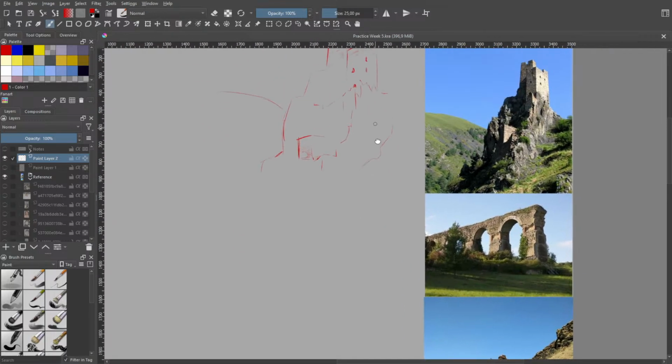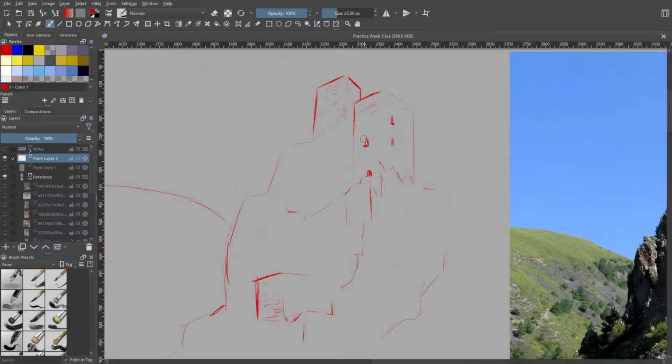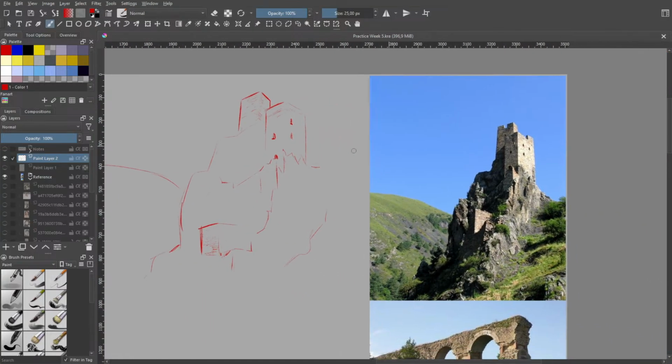Certainly, I kind of want to draw some architecture, but I have no idea how to even approach this, you know? The only thing I can do is break down the shapes here as I did yesterday, right? So being like, okay, simplified shapes, which is not really that difficult with a tower or a castle or whatever. Usually, at least.